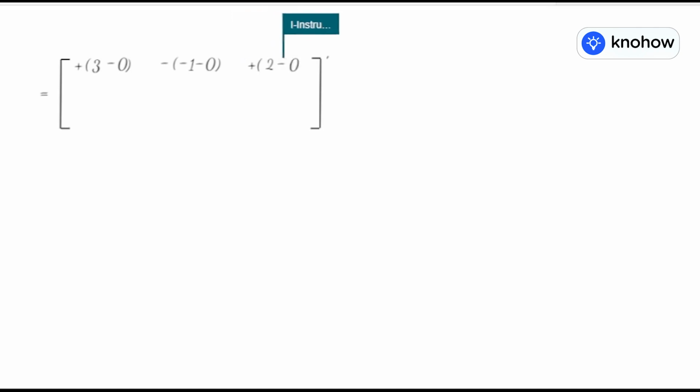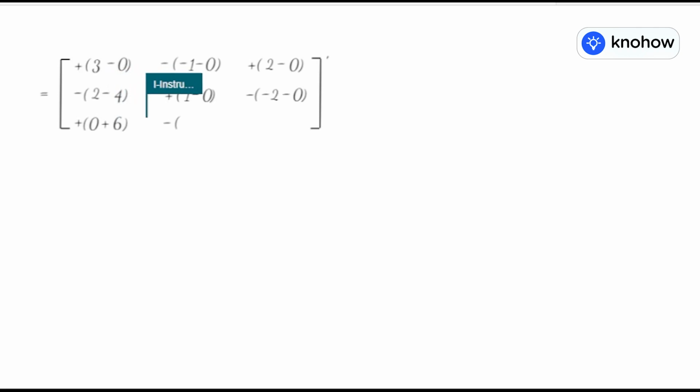And similarly, you write yourself the elements of the second row and third row: minus outside, 2 minus 4, and then plus times 1 minus 0, and minus times minus 2 minus 0. The elements of the third row will be plus times 0 plus 6, and minus times 0 minus 2, and plus times 3 plus 2.